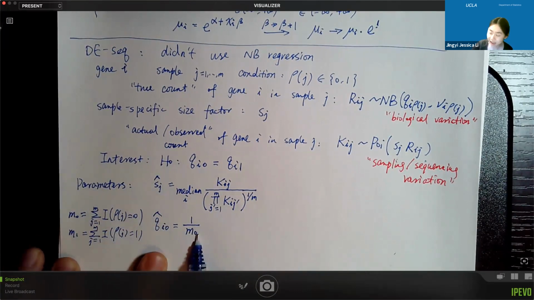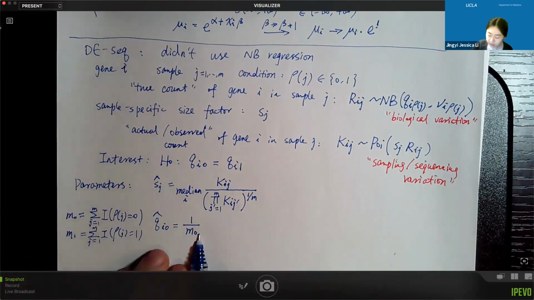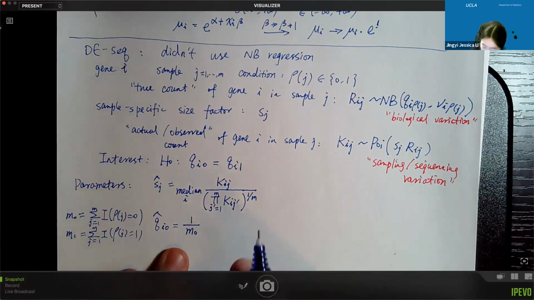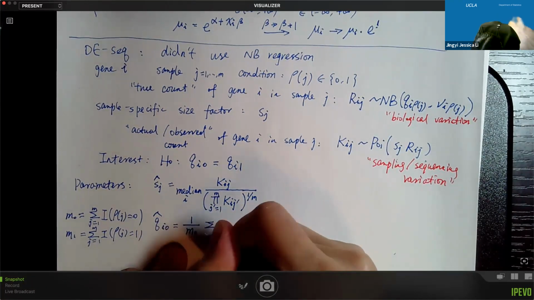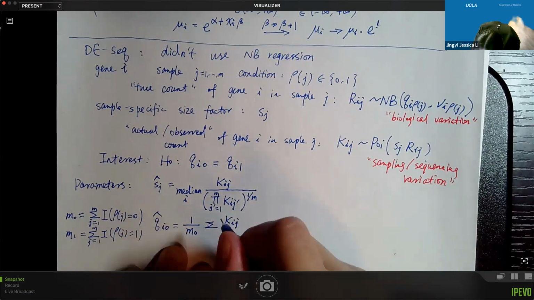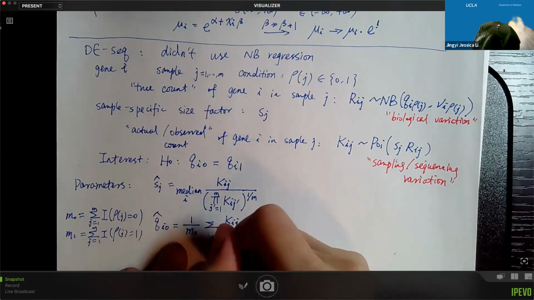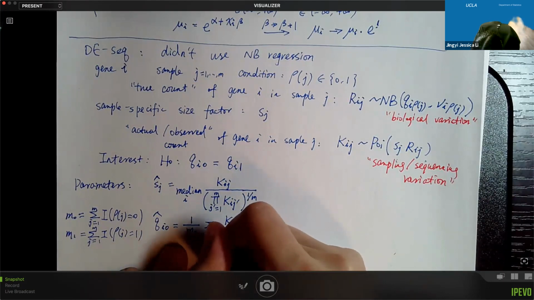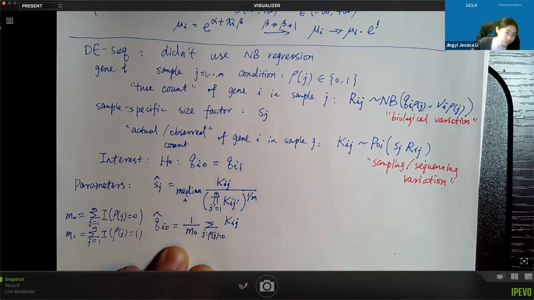So they did the average of the condition 0 samples, the Kij. And here is for the j such that rho j equals 0 for those j.